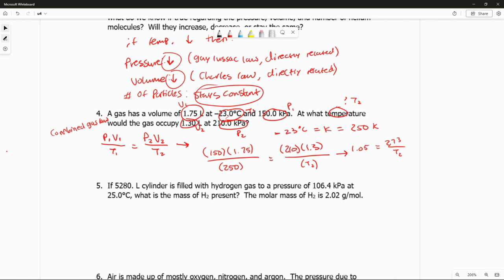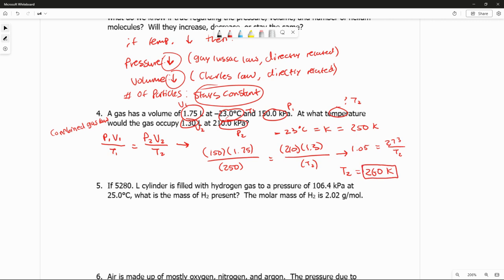So that means that we take 273 divided by 1.05, and we get T2. So 273 divided by 1.05 will give you 260. Remember the units in Kelvin for temperature 2. So that is your final answer.